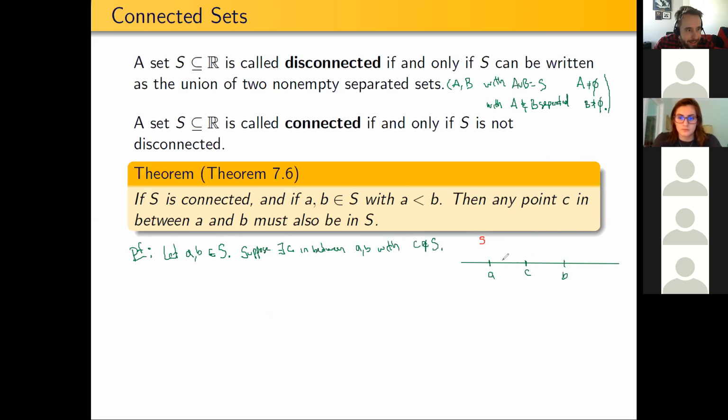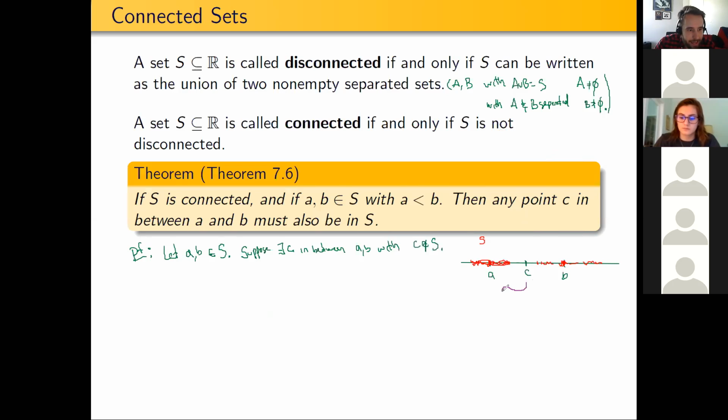I know that S contains the number A, I know that S contains the number B, and I know that S does not contain the number C, so C is not red. Then S might have some number of elements all down here, and S might have some number of elements all up here. I don't really know. But I'm going to divide this into two sets, A and B, as follows.